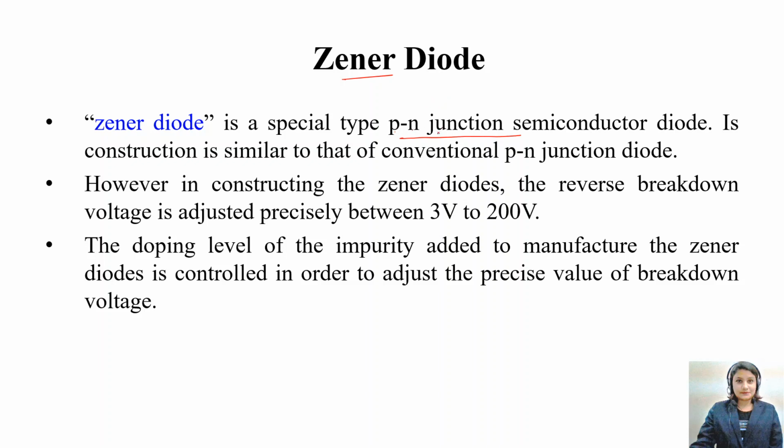He has taken the normal PN junction diode and he doped the normal diode very heavily. And the resulting behavior of such diode came, and they named this diode after the scientist as Zener diode.